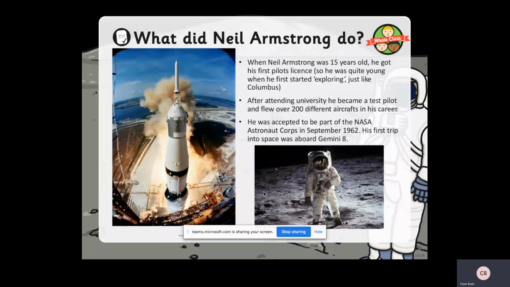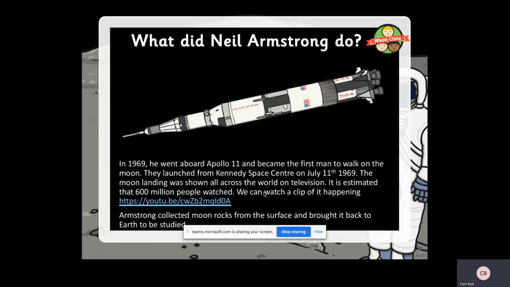After going to university, he became a test pilot and flew over 200 different aircrafts in his career. He was accepted to be part of the NASA astronaut corps in September 1962. His first trip into space was aboard Gemini 8. But this is the one he was really famous for.